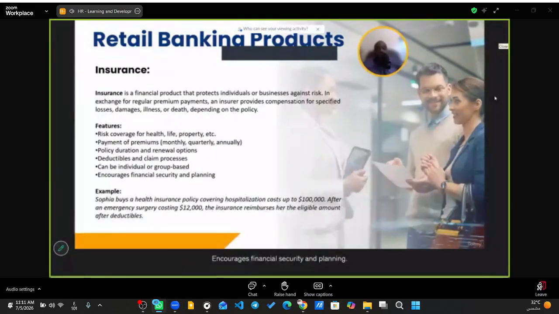Encourages financial security and planning. Sophia buys a health insurance policy covering hospitalization costs up to $100,000 after an emergency surgery costing her $12,000. The insurance reimburses her the eligible amount after deductibles. All these can be done through your local retail banking business.